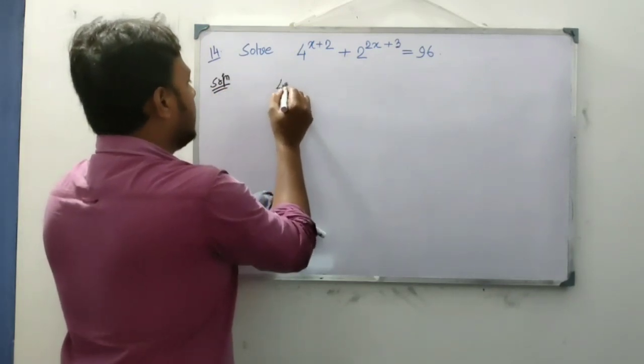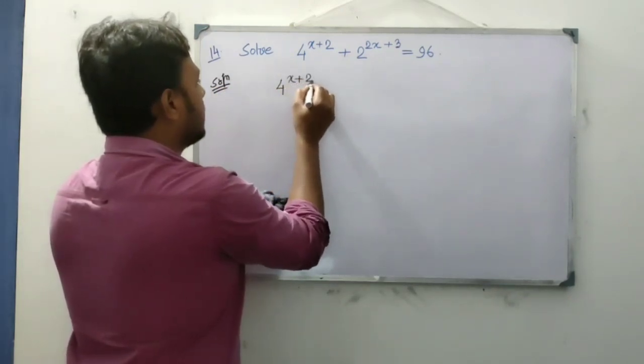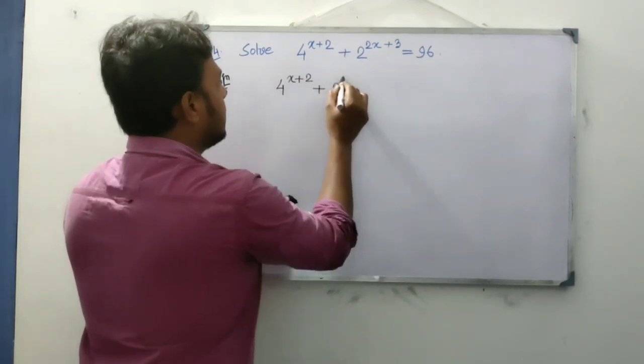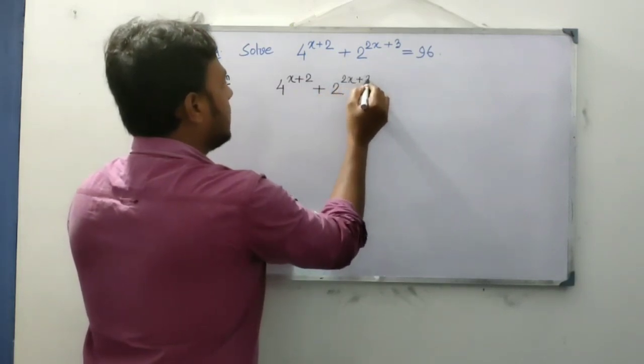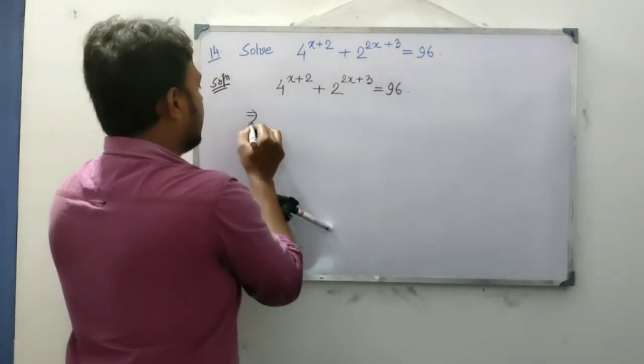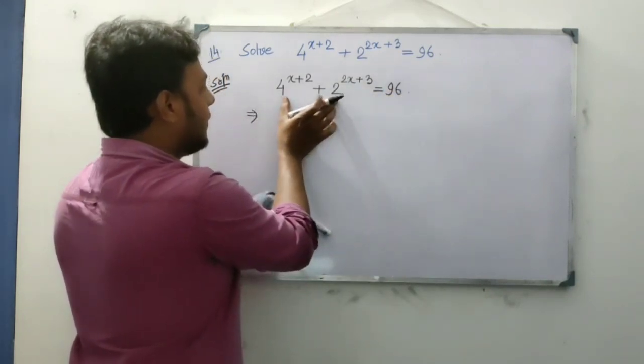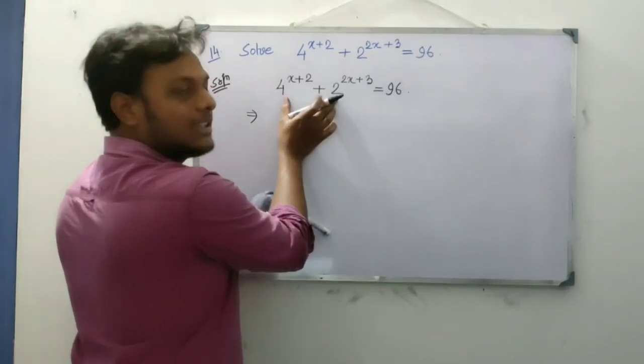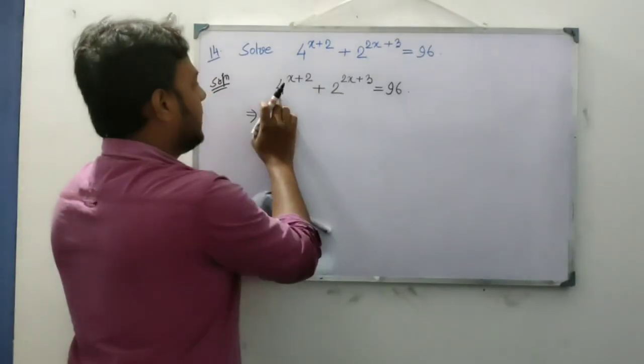So 4 to the power x plus 2 plus 2 to the power 2x plus 3 equals 96. Now first we will try to convert into the same base. Here base is 2, here base is 4.